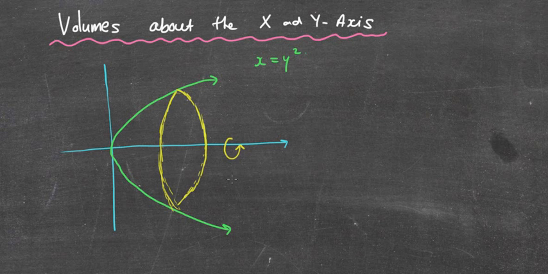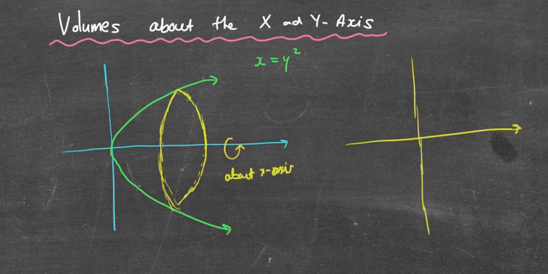Now, this would be rotating about the x-axis, and likewise, we could look at a graph of y equals x squared, like this one, for example.